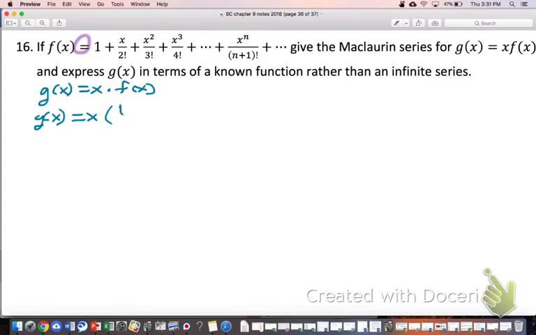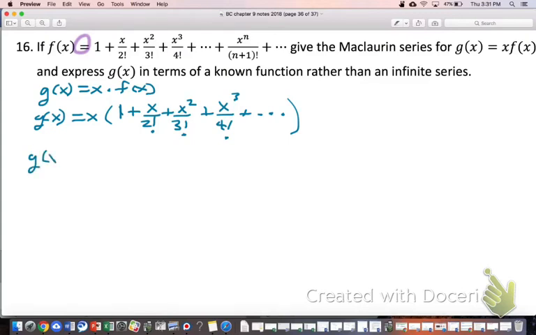So it would be 1 plus x over 2 factorial plus x squared over 3 factorial plus x to the 3rd over 4 factorial plus dot dot dot. I'm not too worried about the nth term on this one because it doesn't say we got to do anything with it. I'm going to go ahead and distribute the x.